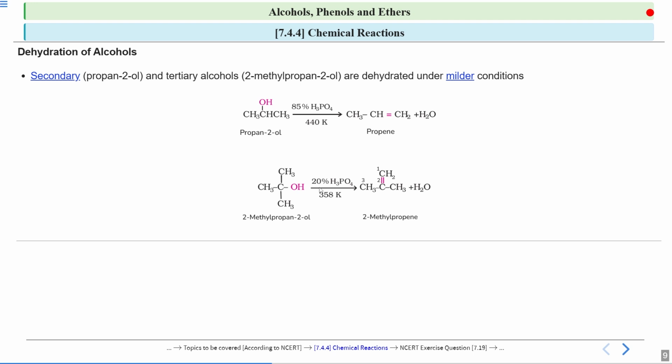See, the conditions are milder over here; you do not require 100% concentration of the acid. And the temperature is 358 Kelvin, which is less. So when this alcohol loses water, H2O is released and an alkene is formed, because it is dehydration. Water is removed and alkene is formed.